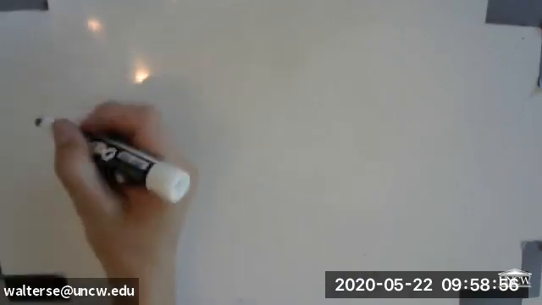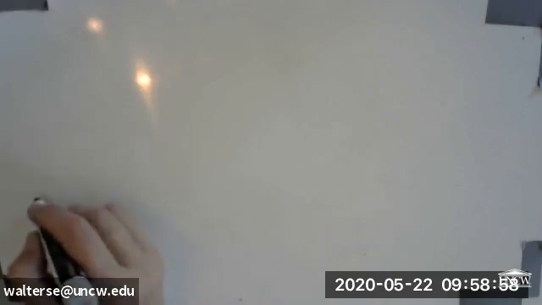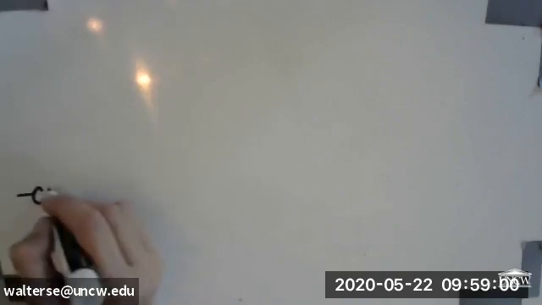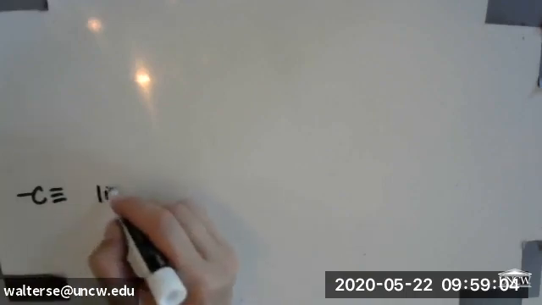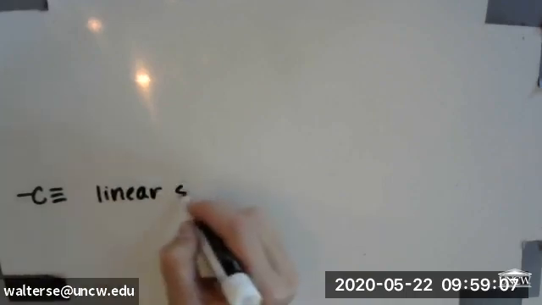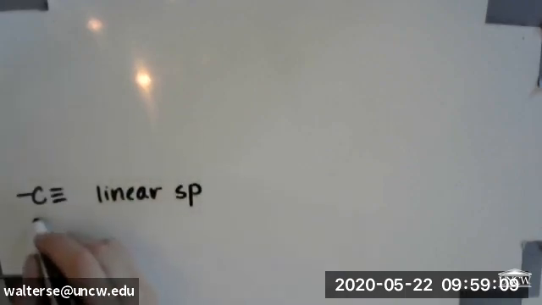Okay, so the next slide is showing you the geometries. Some of this stuff we've gone over. If you have a carbon that has two regions, it's going to be linear and sp hybridized.